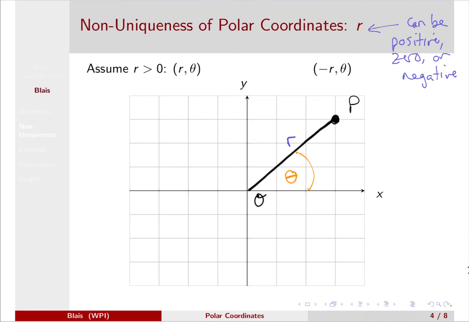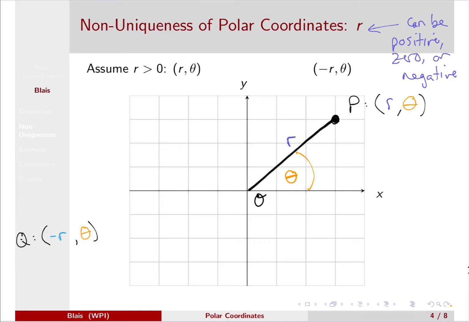So this point here, represented in polar, again, is the point (r, theta). If we want the point (negative r, theta), so let's call it Q, we're going to have the same theta, but in this case, we have a minus r.